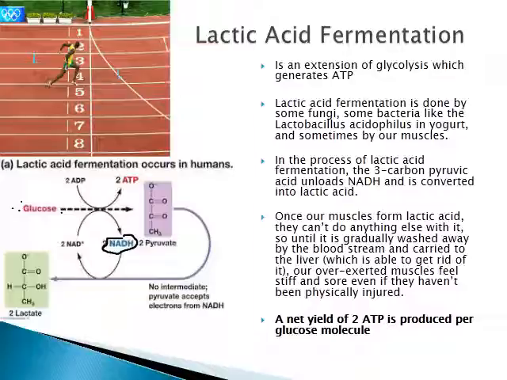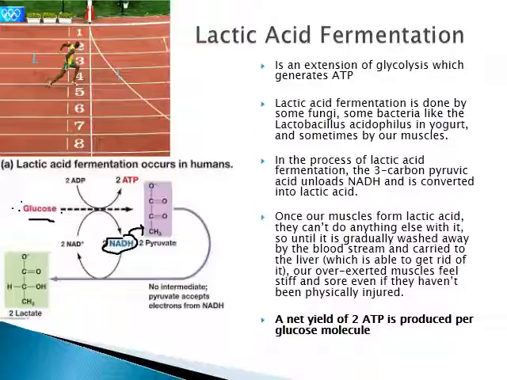So in lactic acid fermentation, we go glucose, break it down into pyruvate. By doing that, we produce the 2 ATP and the 2 NADH. The pyruvate then accepts the hydrogen ions and electrons from NADH, so it unloads it.